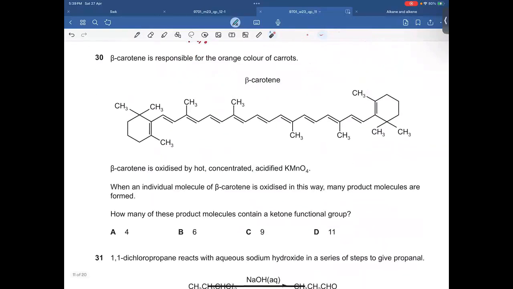Question 30, I have solved this question in my topical past papers, in the topical past papers video recordings, right? You can see them. I've already shared them with you. So beta carotene is responsible for the orange color of carrots. Beta carotene is oxidized by hot concentrated acidified KMnO4. When hot concentrated acidified KMnO4 is used, either I'll get a carboxylic acid or I'll get a ketone.